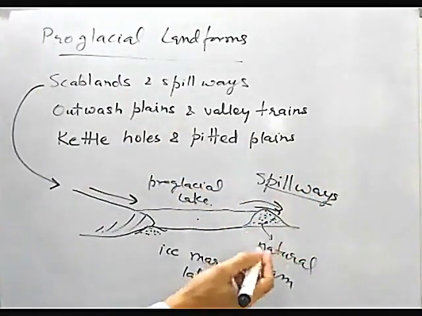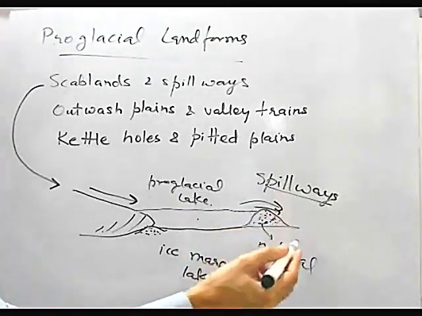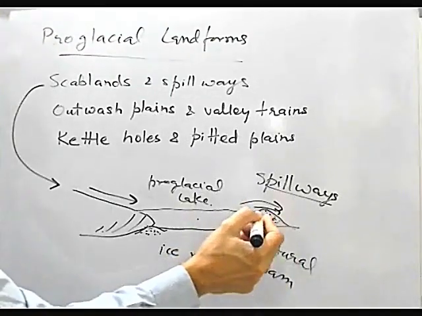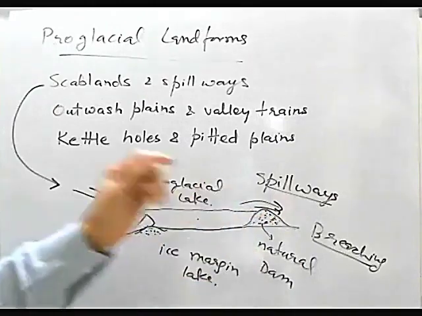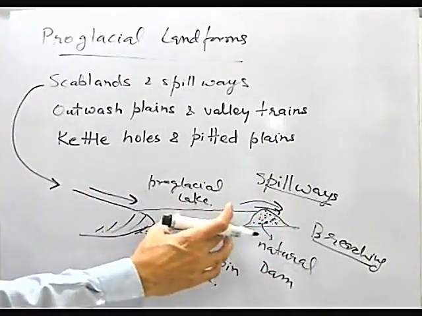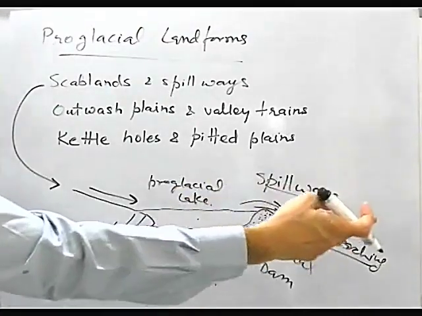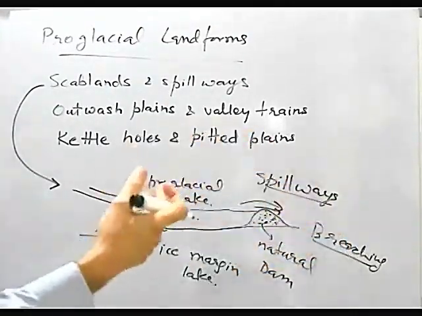These sediments may be soft. The water running down the spillways may erode the spillway very fast, and it will lead to the breaching, the breaking of this dam. Once this dam breaks, the whole water present in the proglacial or ice margin lake will flood the landscape downstream of the glacier.